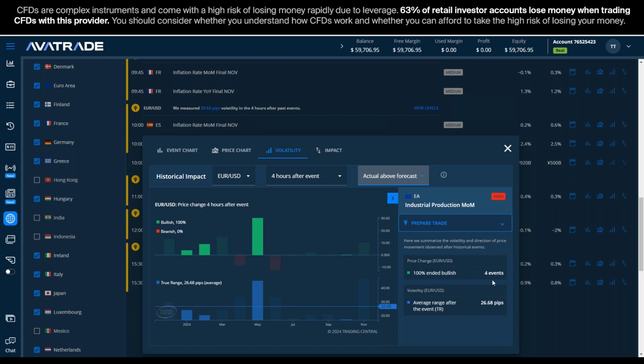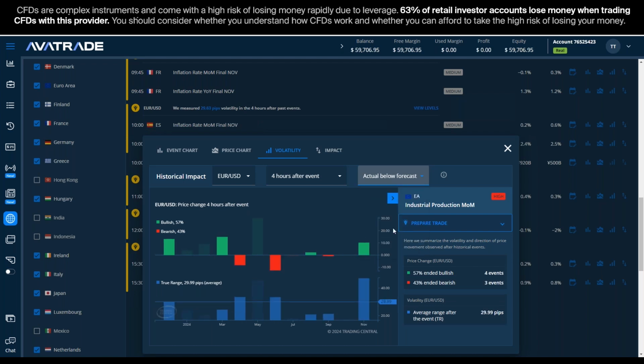It's a pretty strong result. 3 out of 3 climbing after 4 hours if this comes in above forecast. If it comes in below forecast, it's more like 50-50. There certainly wasn't a lot of dropping, but the climbs were not large either compared to the drops, and it was as close to 50-50 as you can get, 4 to 3 when you have 7 total data points.